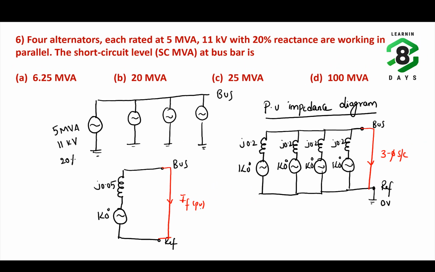If you Thevenize between the bus and the reference, you're going to get this circuit. Now the IF per unit will become how much?